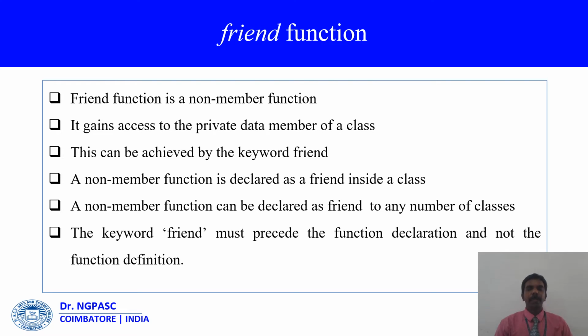At this juncture, we must recall what a private data member is. Data members of a class can be declared under private, public or protected scope. Those declared under public scope are accessible anywhere in the program. But the private data members are accessible only within the scope of the class.